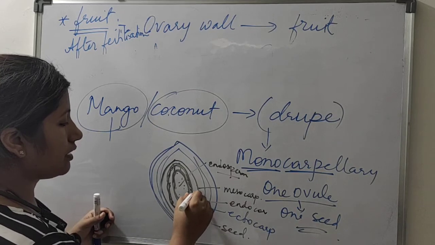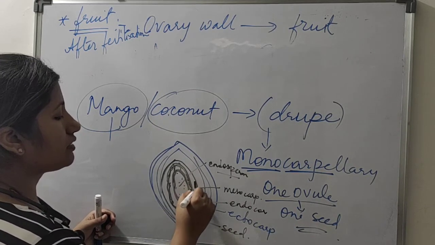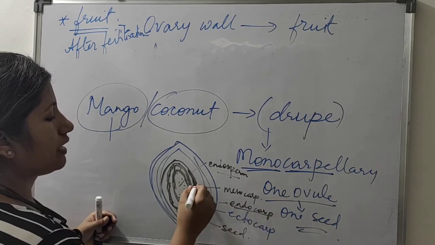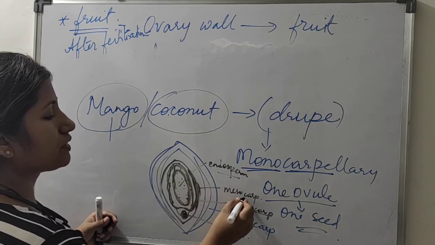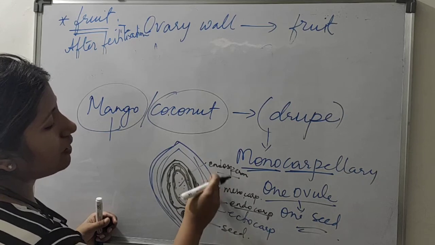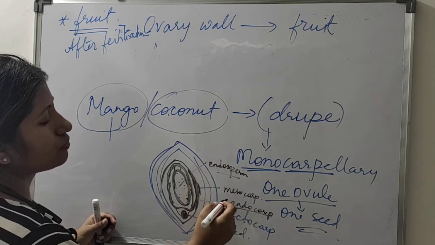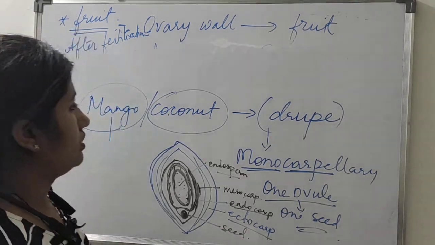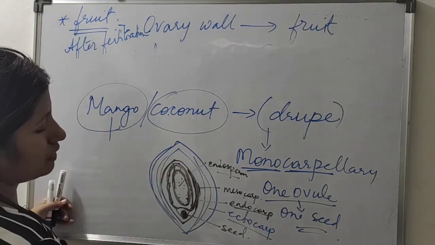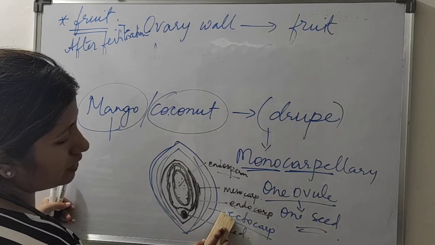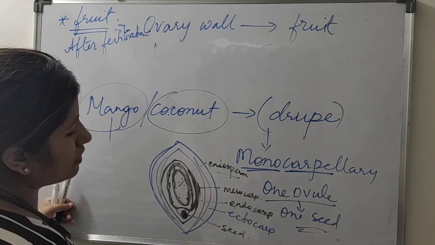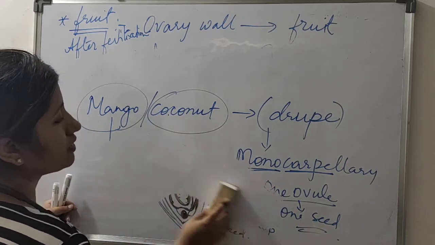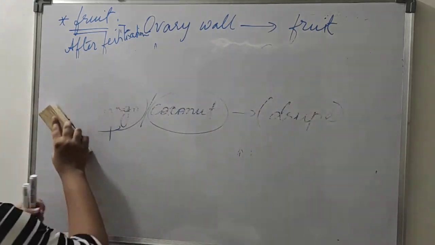If you can see the label here, another tough layer is present, that is endocarp, and the part which you break is mesocarp, and the fibrous part which you remove with your hand is ectocarp. So in case of coconut, what we actually eat, we cannot eat endocarp, ectocarp or mesocarp. We eat the seed and the endosperm.